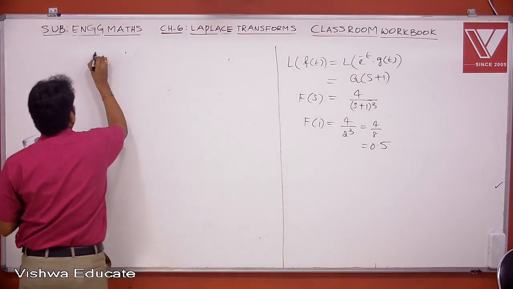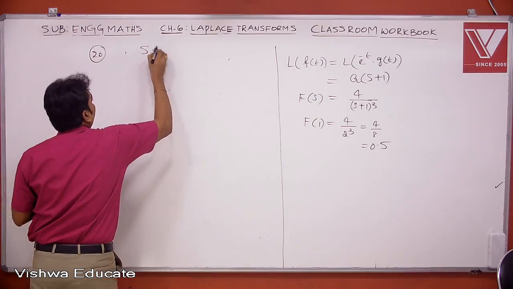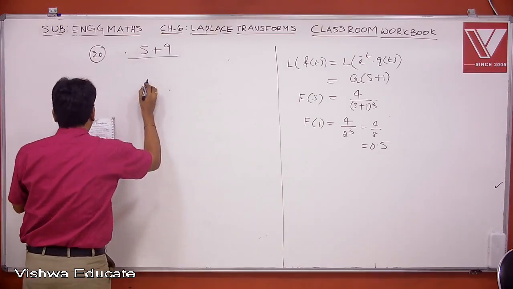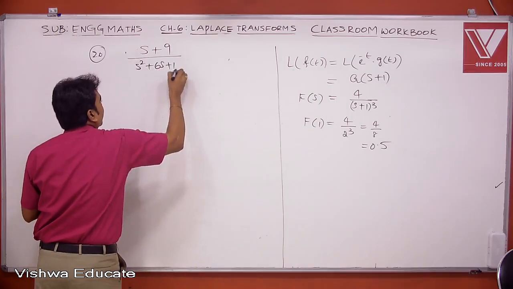Now question number 20. We need to find the inverse Laplace of s plus 9 divided by s square plus 6s plus 13.